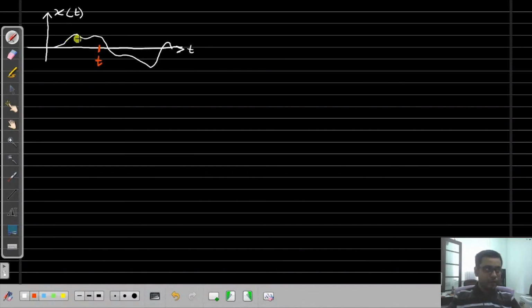We want to calculate the total area under this curve from minus infinity up to this point.